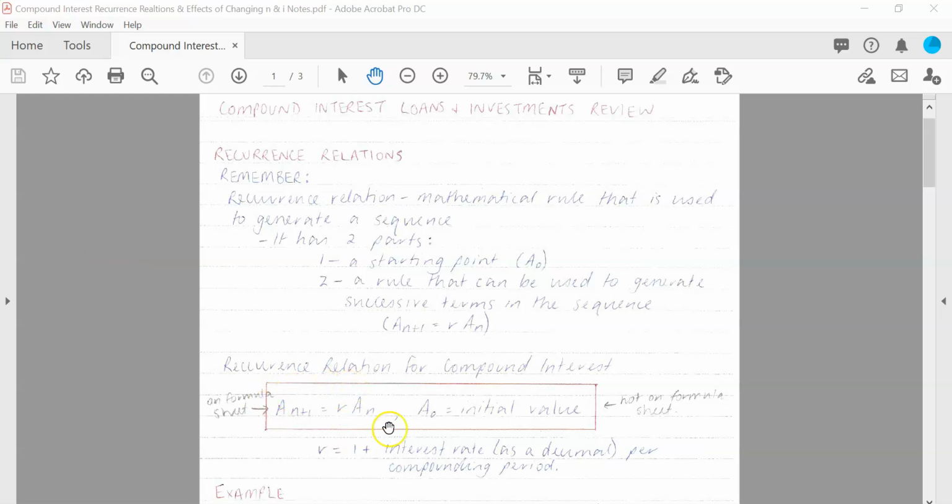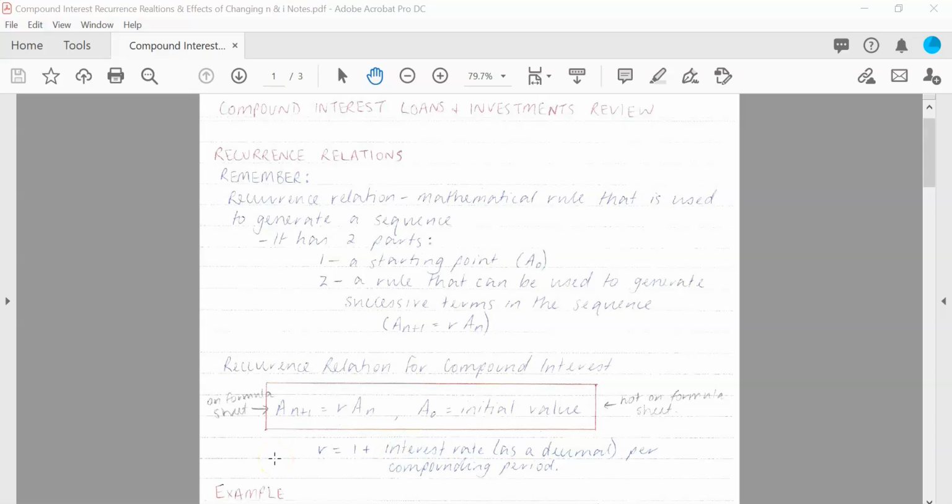We can see then that this rule is following exactly the same process that we just followed in the example that we did together. So we had an initial value of $5,000 and we were wanting to increase that by 8% per year. So our interest rate per compounding period was 8%.